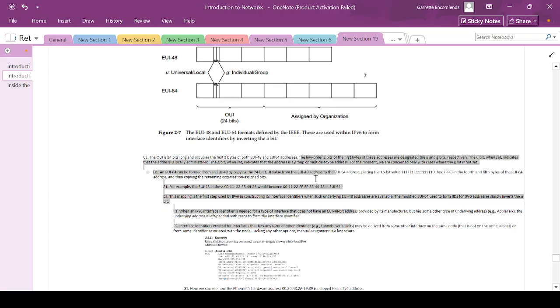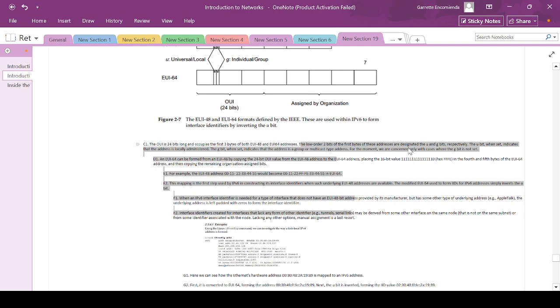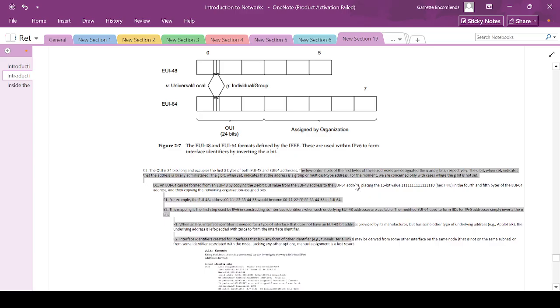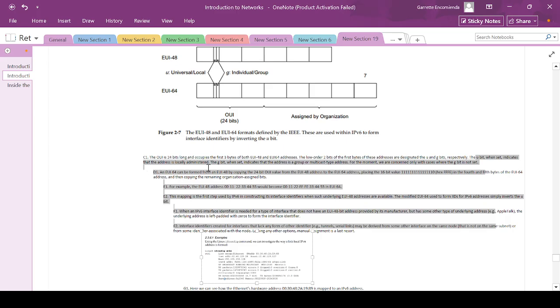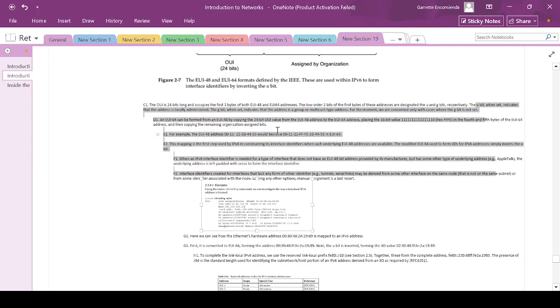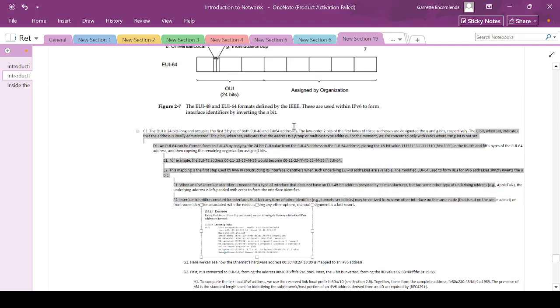So the low order 2 bits of the first byte of these addresses are designated the U and G bits respectively. The U bit, when set, indicates that the address is locally administered. The G bit, when set, indicates that the address is a group or multicast type address. So if it's G, it means it's a multicast address.